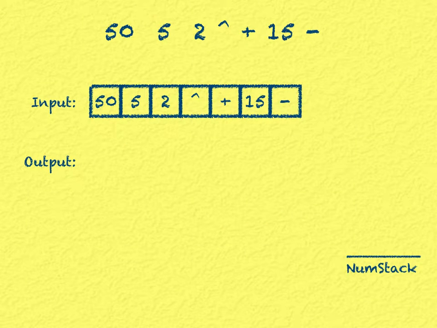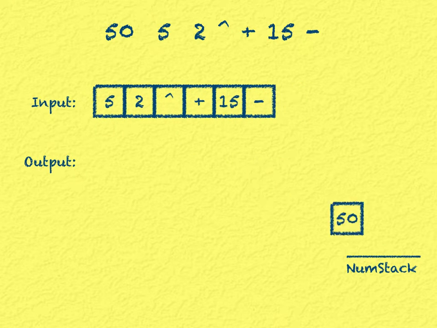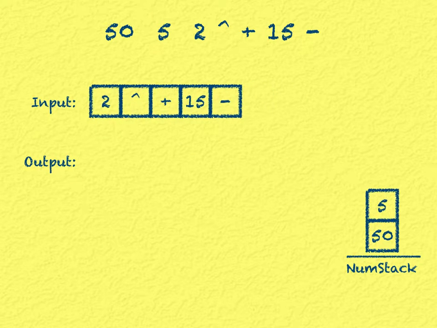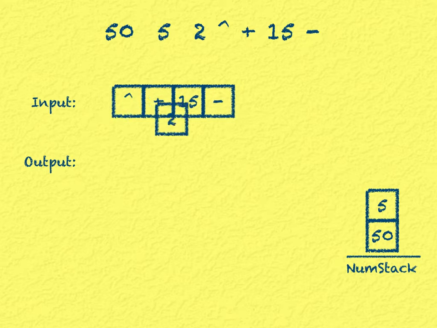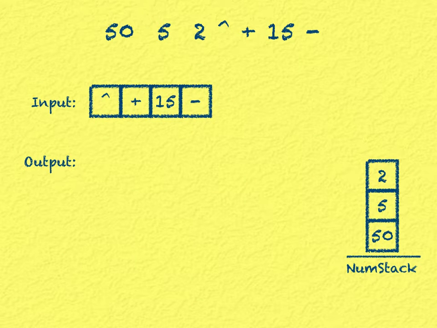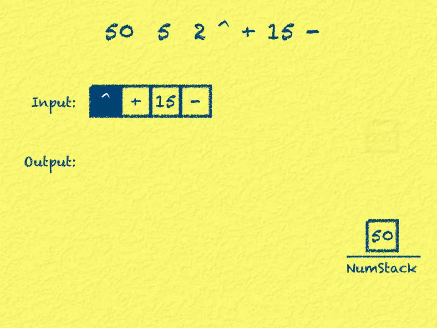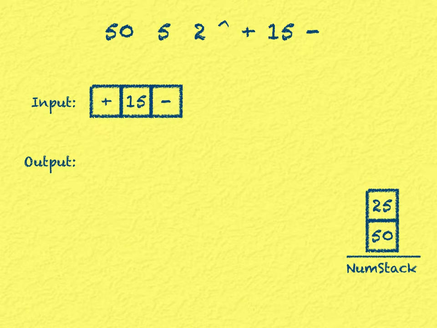All right, next expression. 50 is a number, onto the number stack. 5 is a number, onto the number stack. 2 is a number, onto the number stack. Hat operator, the exponent operator. That's a binary operator. Applied to the top two values in the stack. 5 squared, we get 25. Get rid of the operator. Now we got plus.